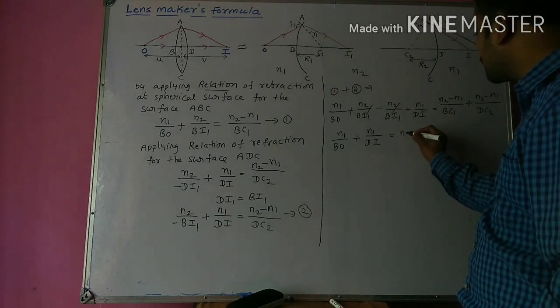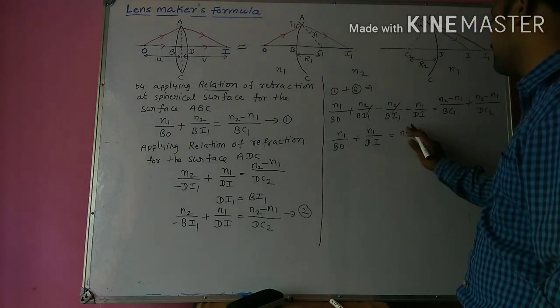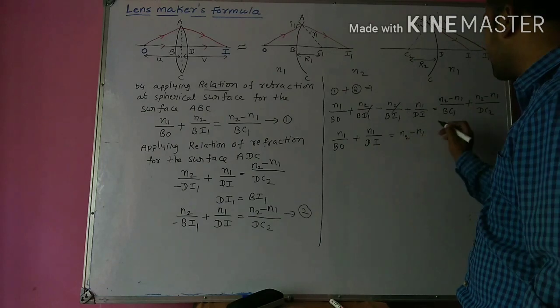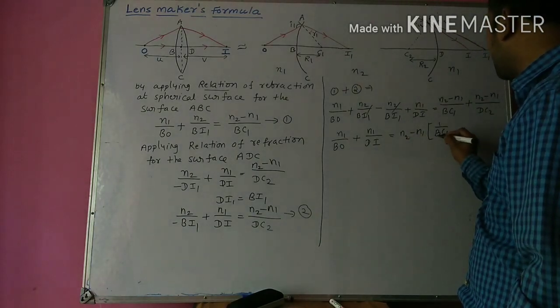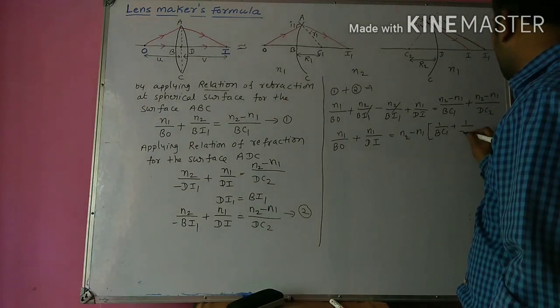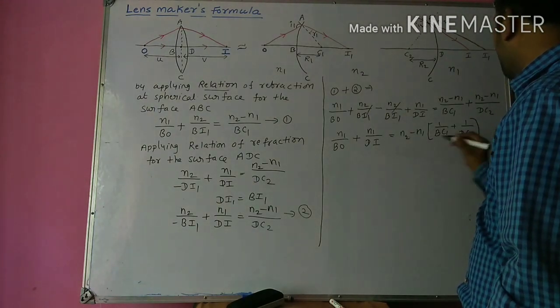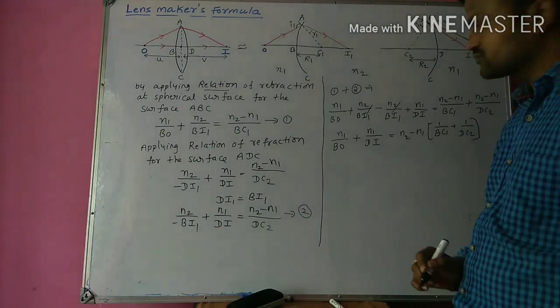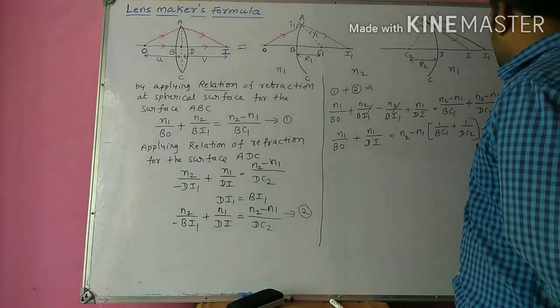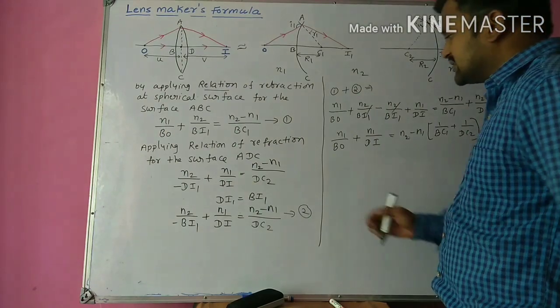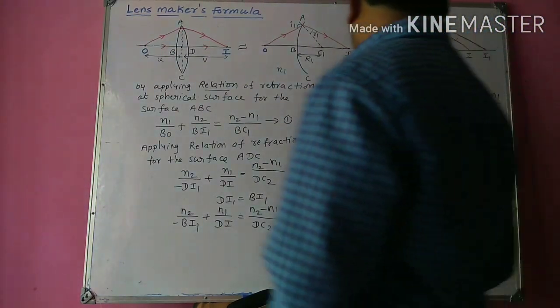If we take N2 minus N1 common, we are left with 1 by BC1 plus 1 by DC2. Let it be equation number 3. This is the first equation, second equation, and the third equation.